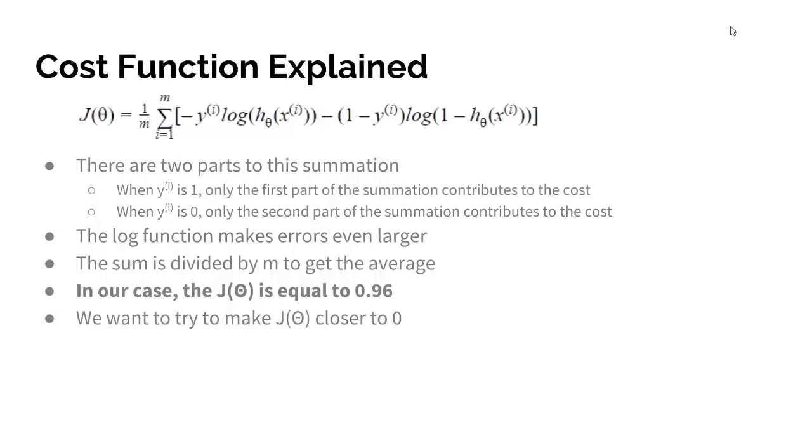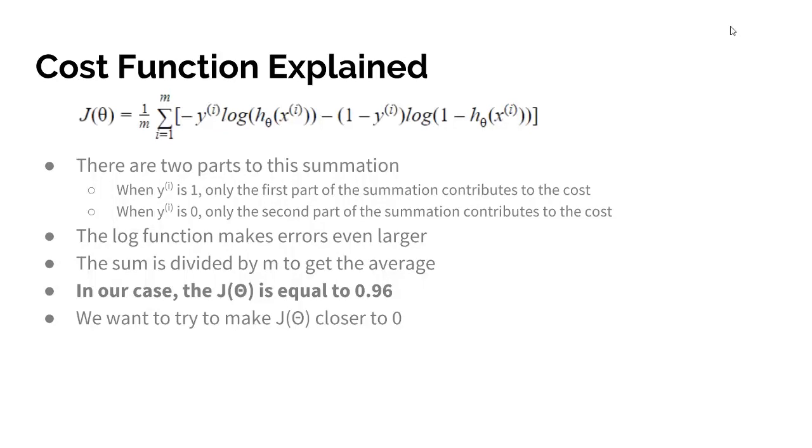So let's say yi is equal to 1. That means the first term is going to be an actual value, right? Which, when y is equal to 1, the first part is only equal to negative log h theta of x. But the second part, because we're multiplying by 1 minus yi, which is equal to 0, it disappears.